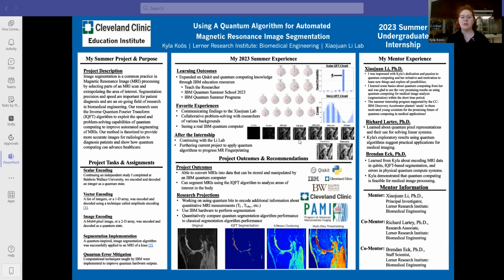But by measuring the state vector, we find that we can get approximately the same image back out. Next, we implemented the inverse quantum Fourier transform segmentation algorithm, and that is shown below in the images I noted before.